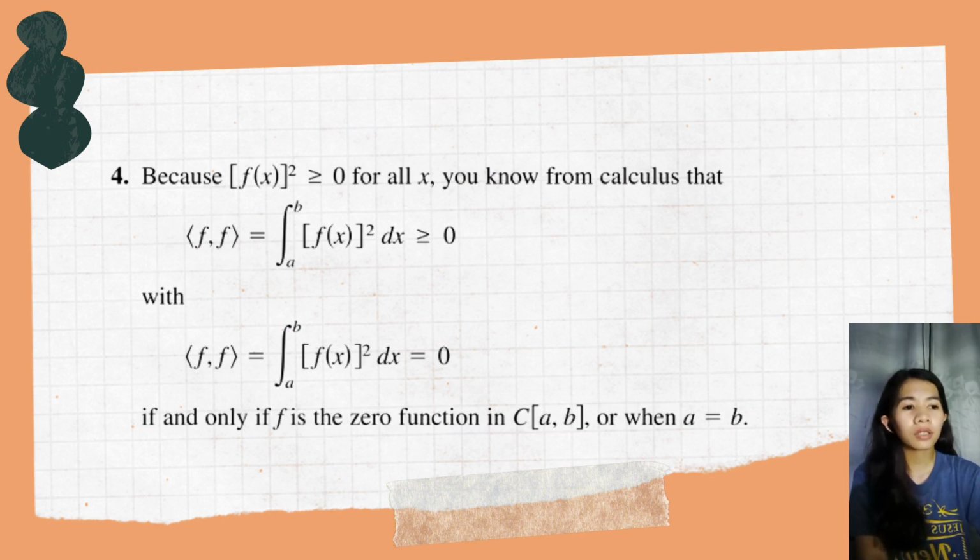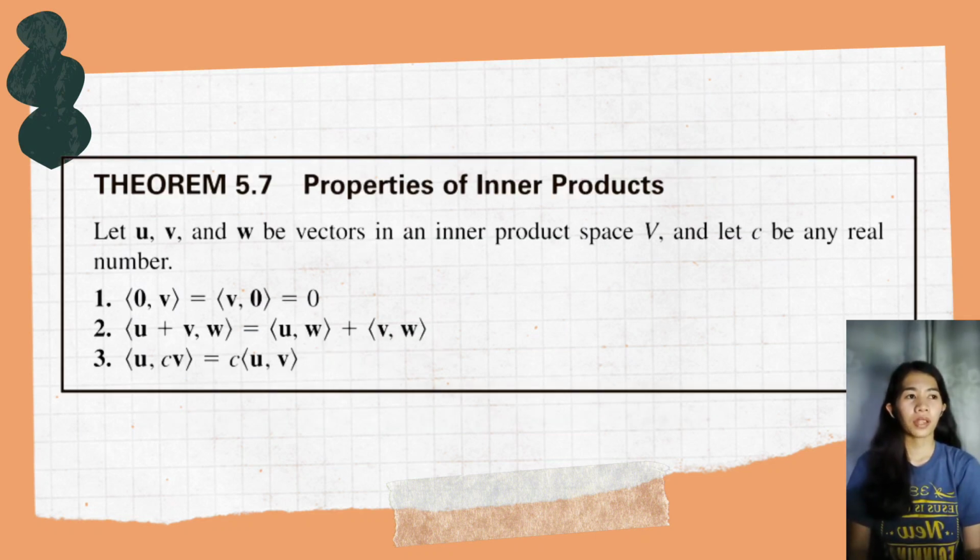And we can see here that the given example has met the 4 criteria. There are properties of inner products. Let u, v, and w be vectors in an inner product space V, and let c be any real number. In number 1, the inner product of 0 and v is the same as the inner product of v and 0, which is equal to 0.